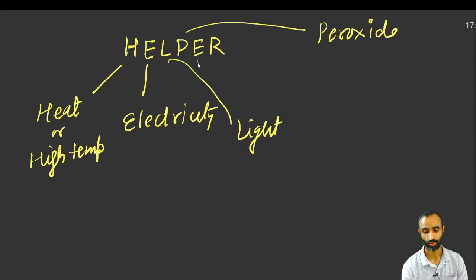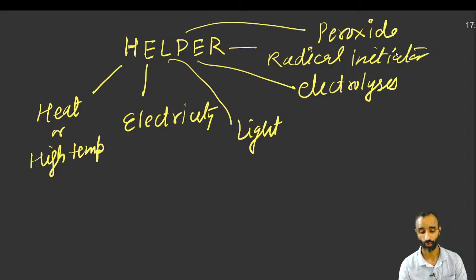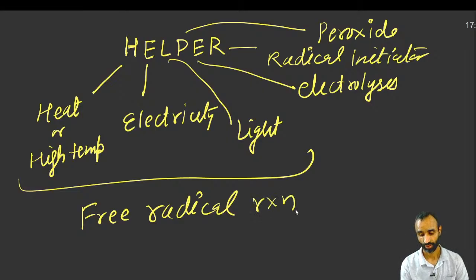Yes, peroxide, electrolysis, or some radical initiator. If these types of reagents or these conditions are there, then the reaction is free radical. A helper will help you to identify.